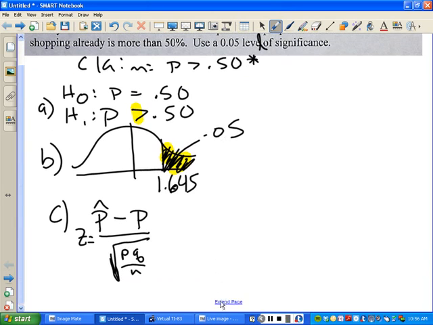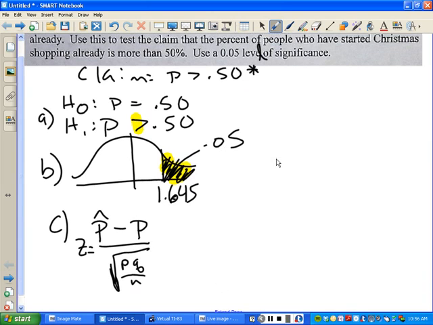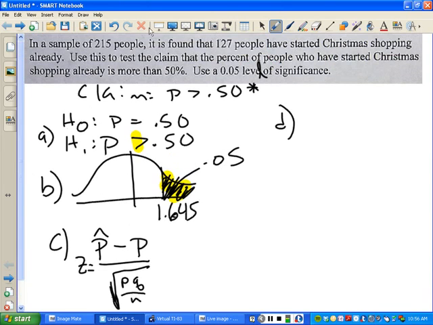I'm going to go ahead and do D right next to it. I know on your paper it funnels down, but we're going to do D right next to it. For D, we need to figure out what P hat is. How do you find P hat? It's 127 over 215.